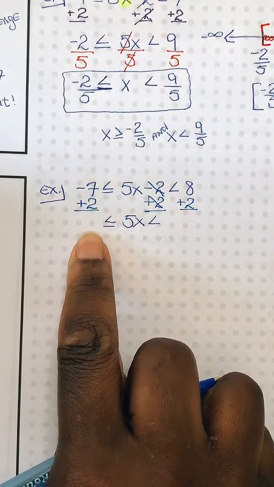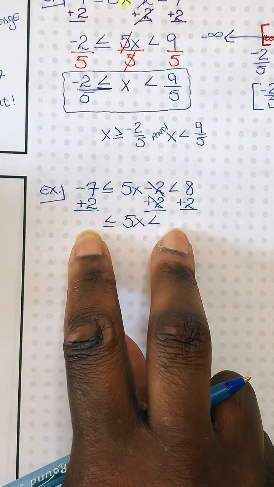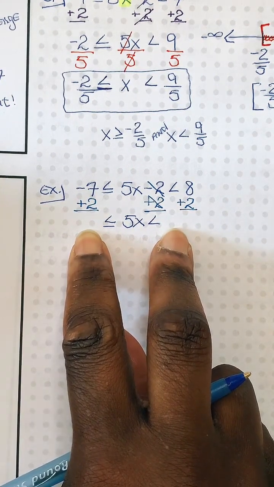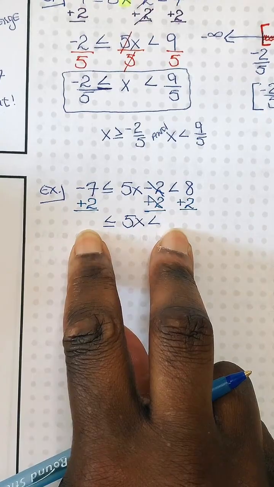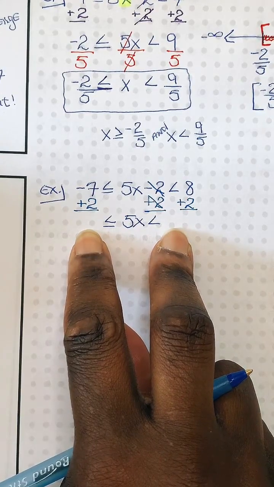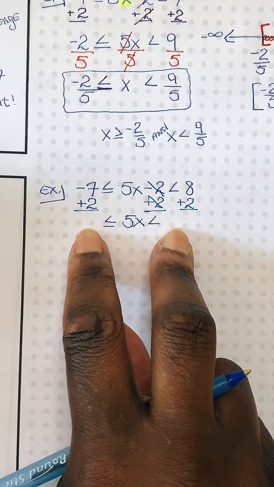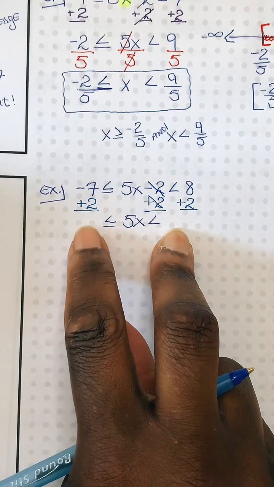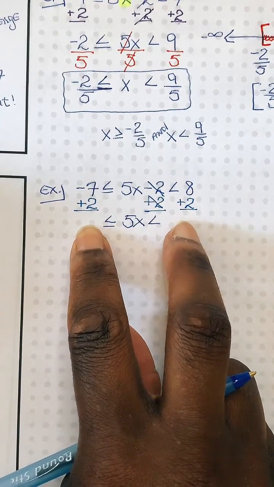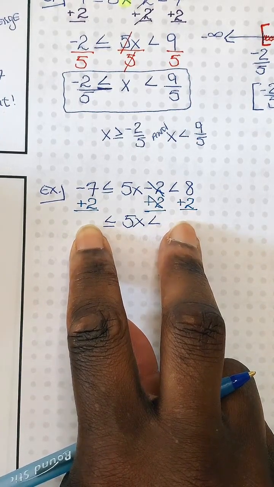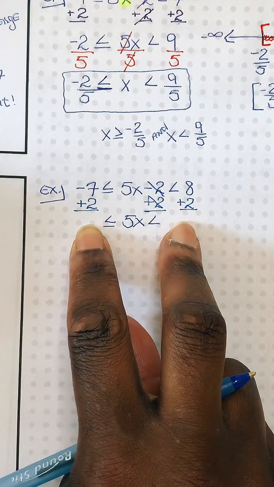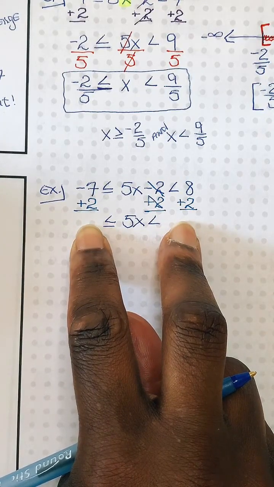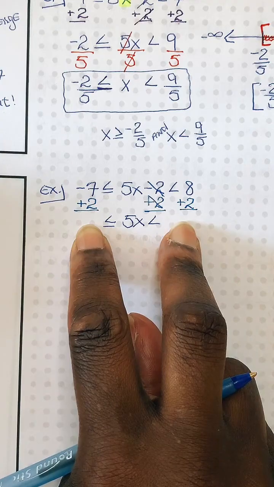What do I get on each side? Yes, we add 2 on each side. So what do I get on each side? The first number will be your left-hand side. The second number will be your right-hand side. Nice, nice.